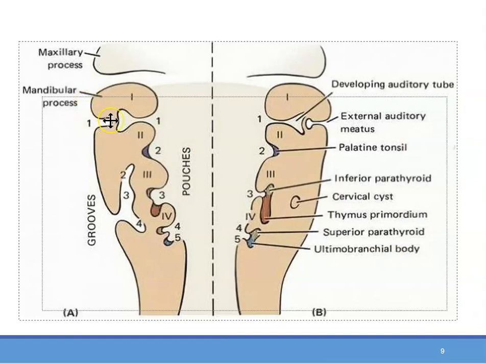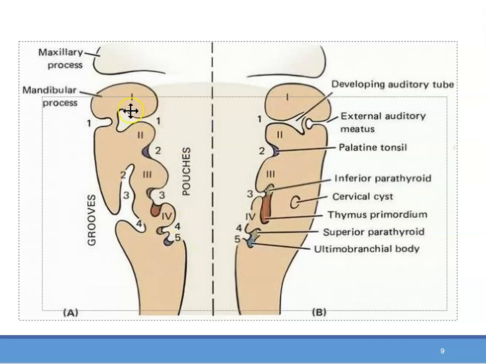These indents on the outside, there's one over here, 1 groove, 2 groove, here's a 3rd groove, here's a 4th groove. So we have four grooves on the outside. On the inside, we can see the arches, so 1, 2, 3, 4, 5. We also have something called pharyngeal pouches. So here's 1 pouch here, here's another pouch, here's the 3rd pouch, here's the 4th pouch, and here's the 5th pouch.